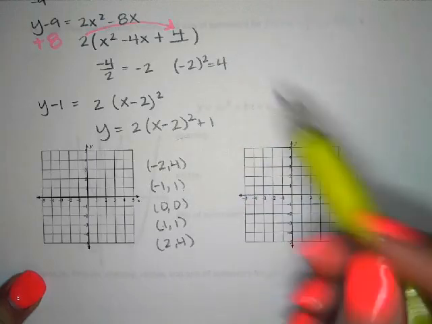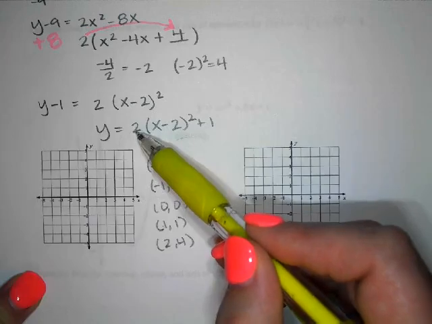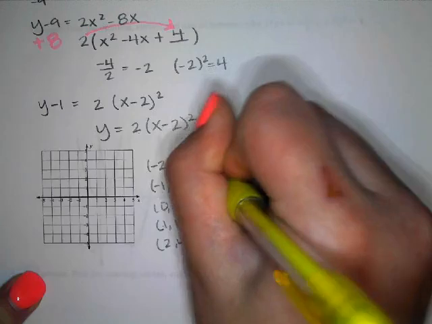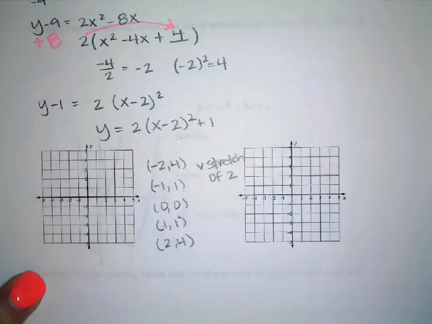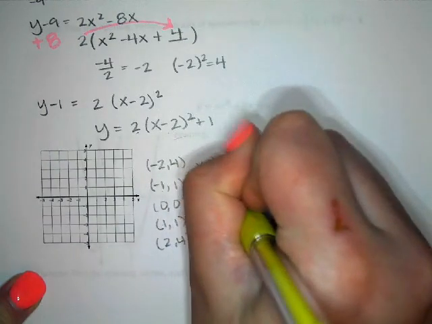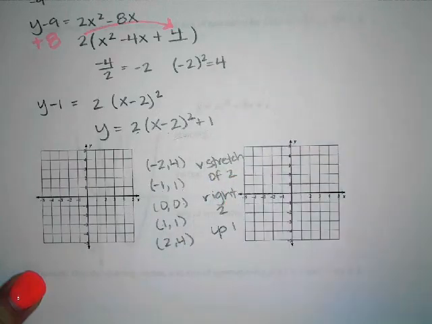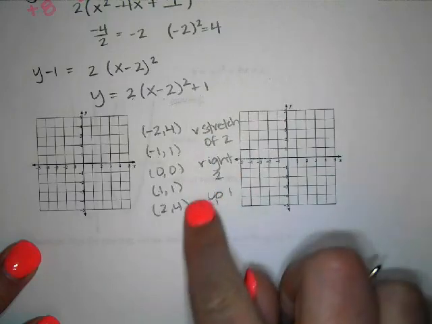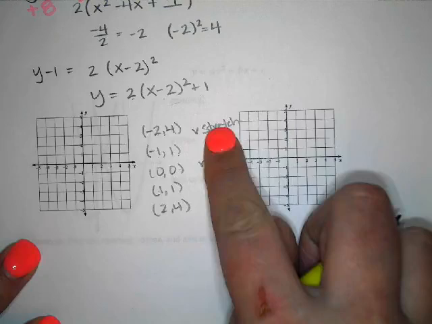And then for the transformations, I know that we have a vertical stretch of 2, right 2, and up 1. Okay, so since this is what we have, I'll take these points and do these transformations.